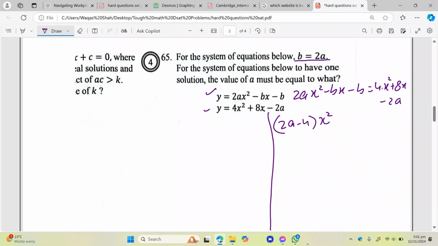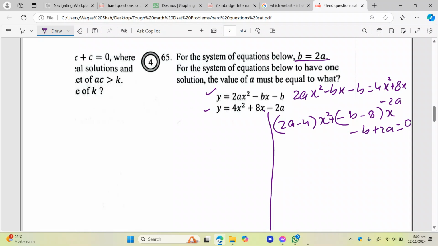So I shifted 4x square on the other side, and I combined with 2ax square, and then I took x square common. Similarly, do the same thing with 8x, so it will be minus b minus 8x, and you can write plus here. Okay, and then it will be minus b plus 2a is equal to 0.